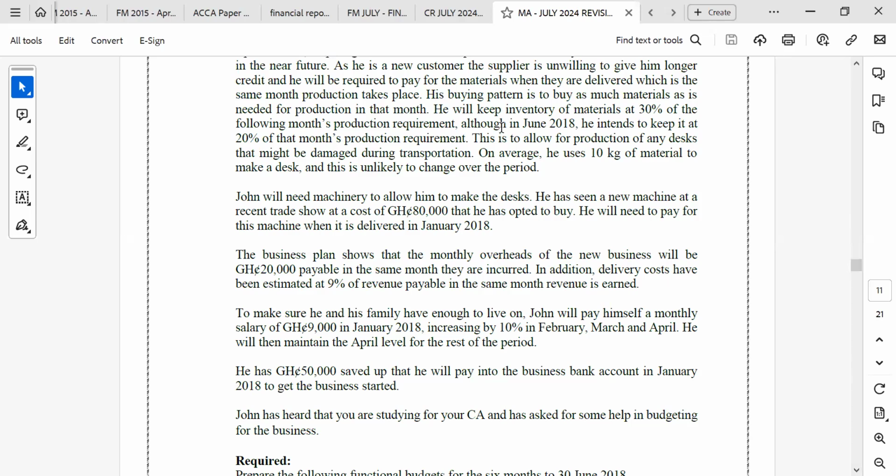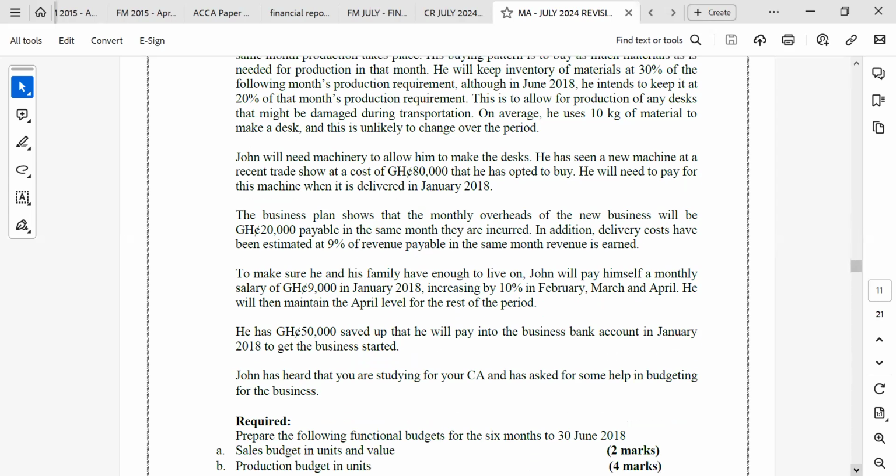In addition, delivery costs have been estimated at 9% of revenue payable in the same month revenue is earned.